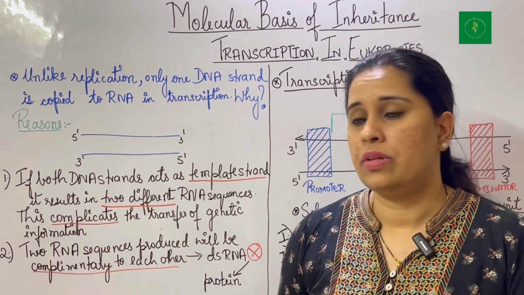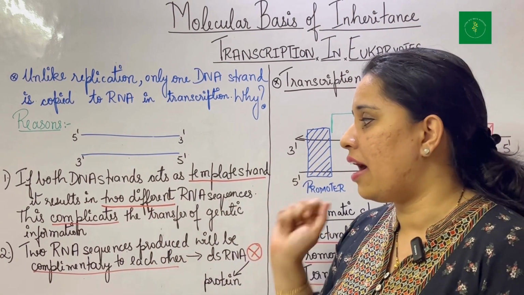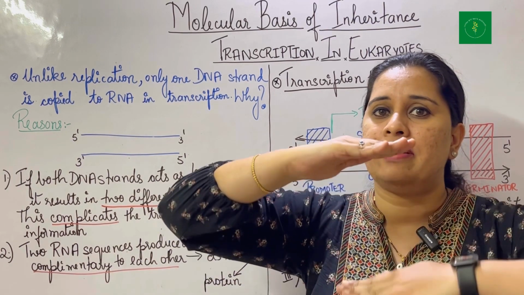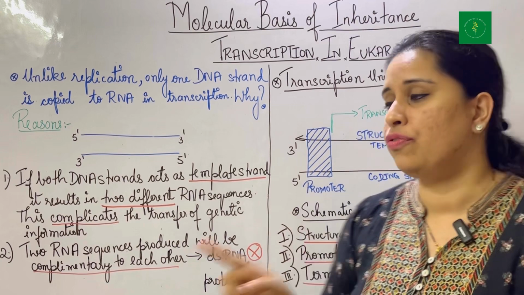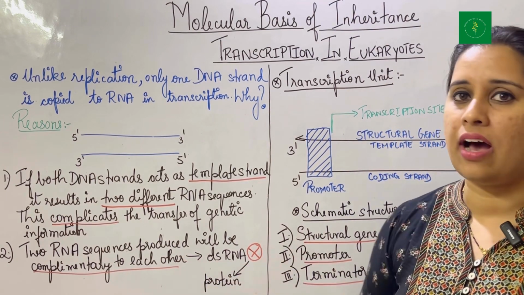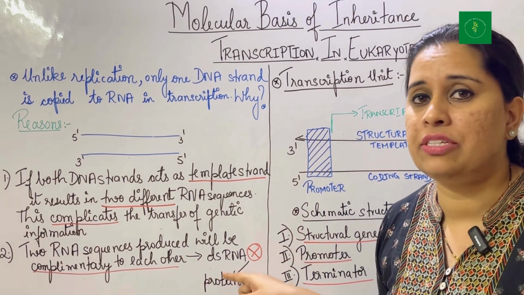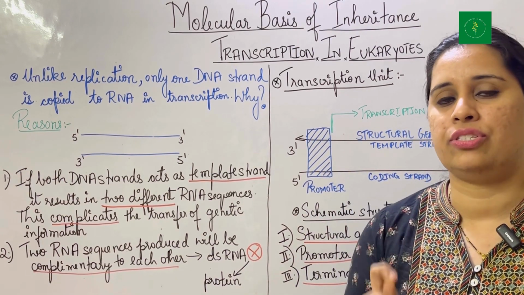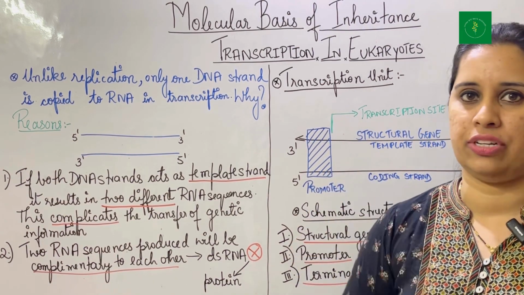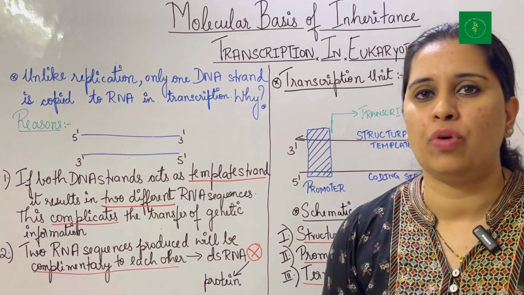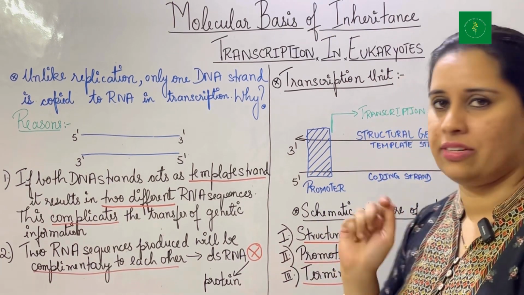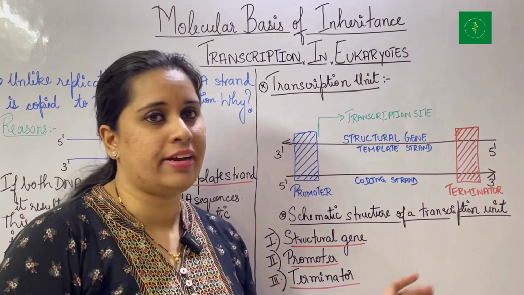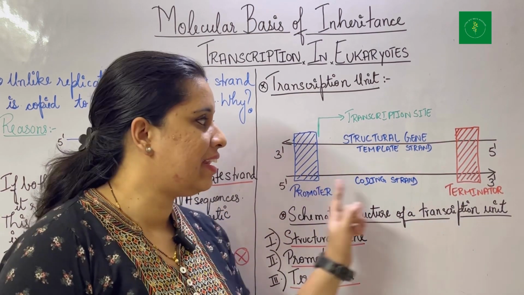Reason number two, these two different RNA sequences produced will be complementary to each other, which is going to form double-stranded RNA. And this double-stranded RNA will not lead to the process called translation. So from the translation, what we have to obtain? Proteins.